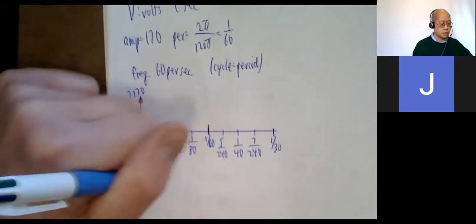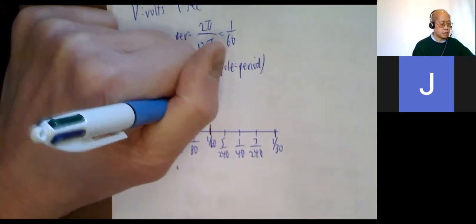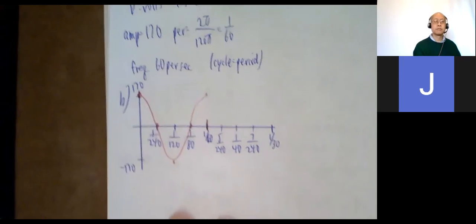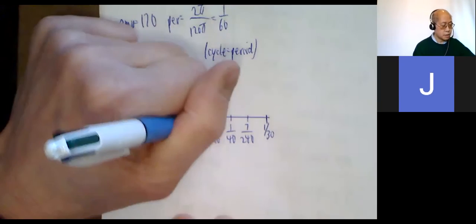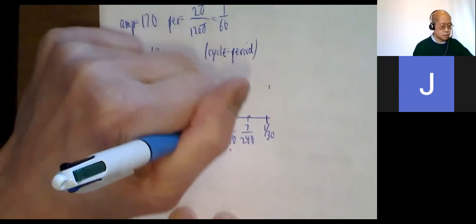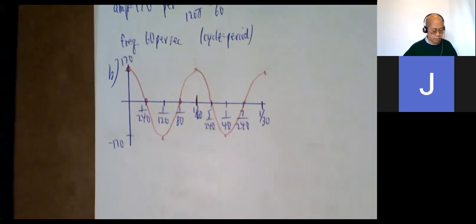Midline, min, midline, max. They want 2 cycles, 2 periods, so just copy and paste. Midline, minimum, midline, max. So there we go.